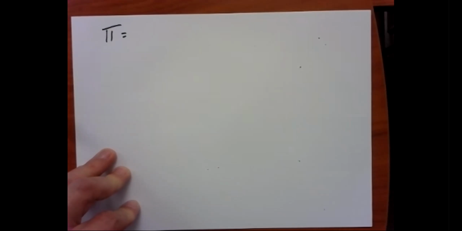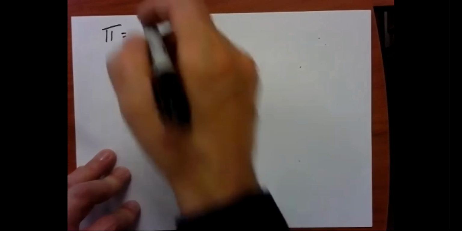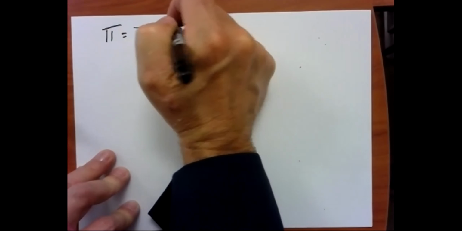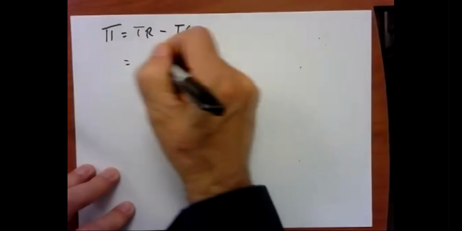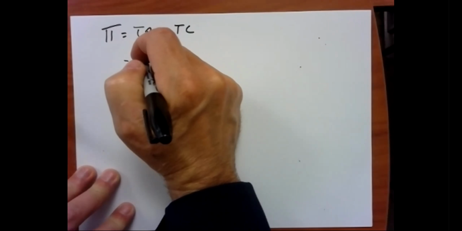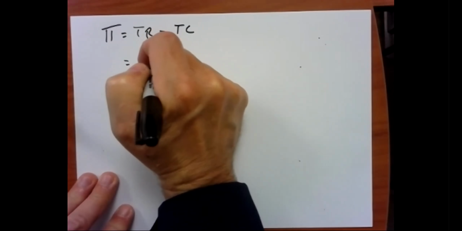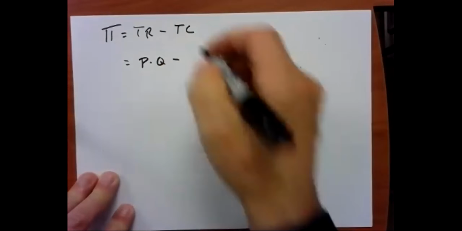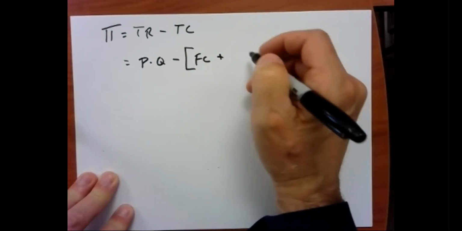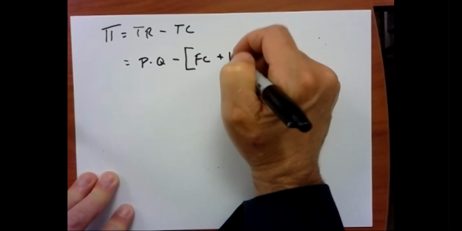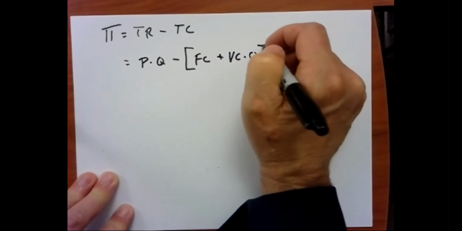I'm not sure why we do that, but in economics and finance, we use the symbol pi for profit. So profit is equal to total revenue minus total cost. This is an important formula for you to remember. Profit is total revenue minus total cost. Total revenue is price times quantity. Total cost is fixed cost plus variable cost times quantity.